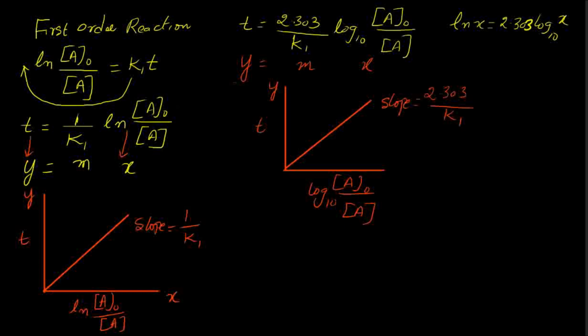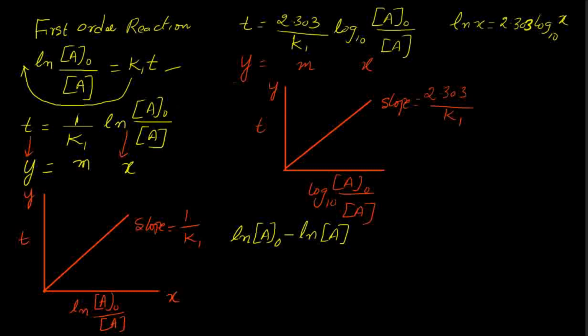So from this relation we can write ln a naught by a. Here that is ln a naught minus ln a, because ln a by b equals ln a minus ln b.